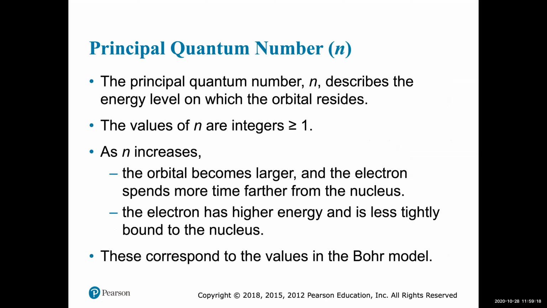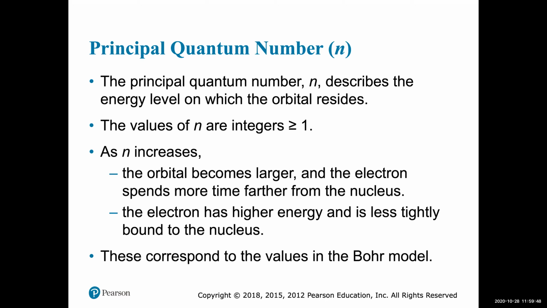The first one we talk about is the principal quantum number, designated as n. The principal quantum number tells us the energy level on which the orbital resides. The values for n are integers, starting at 1 and going up from there. As that n value increases, the orbital becomes larger, and the electron spends more time further away from the nucleus.